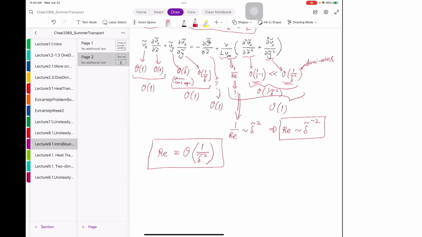Okay, that's one of the actual reasons why we have trust in the scaling or order of magnitude estimations.